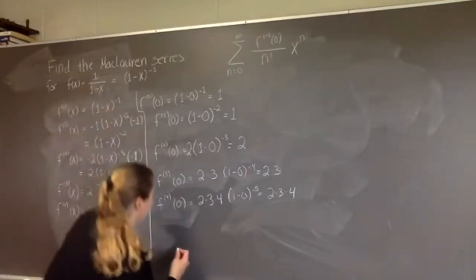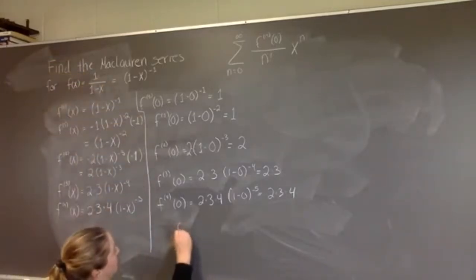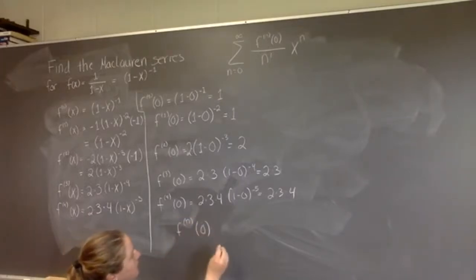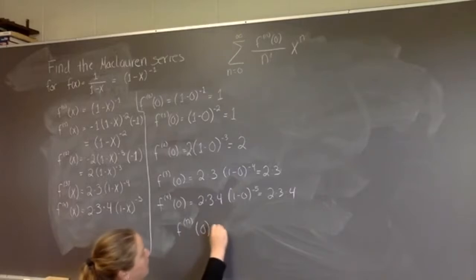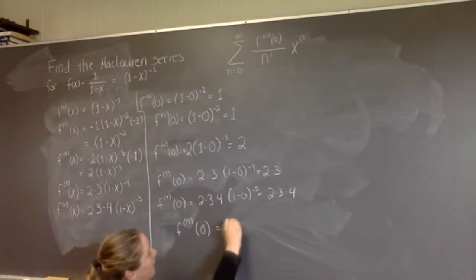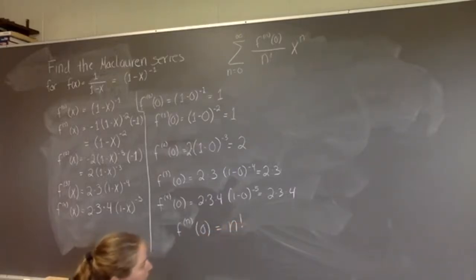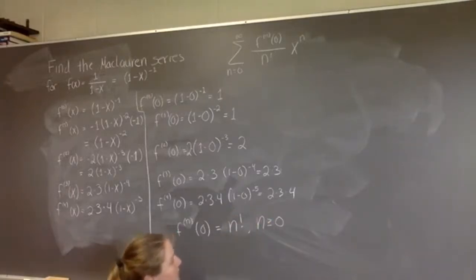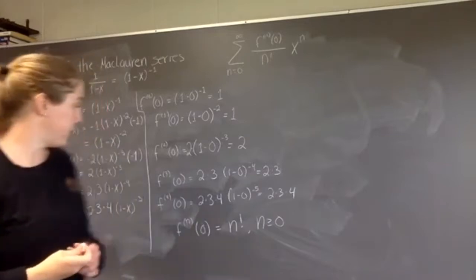So what we're getting is that if we look at the nth derivative evaluated at 0, we end up with that equaling n factorial, and we have to be thorough and state that this is for n bigger than or equal to 0.